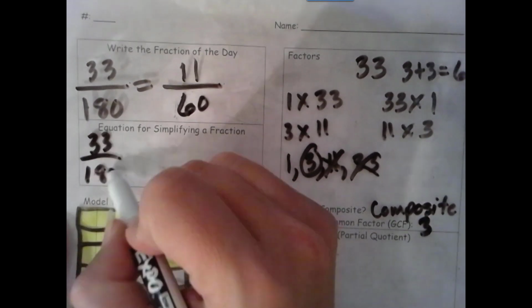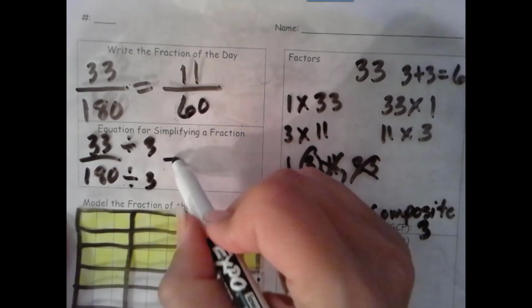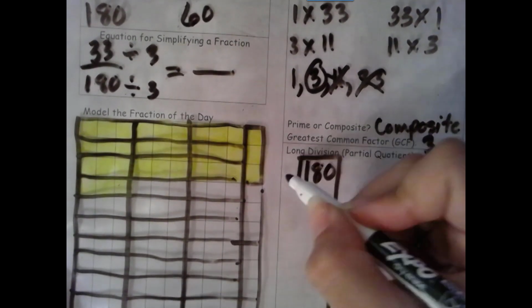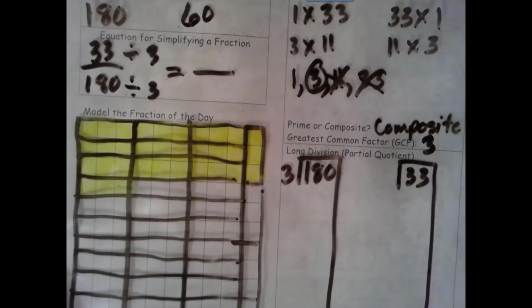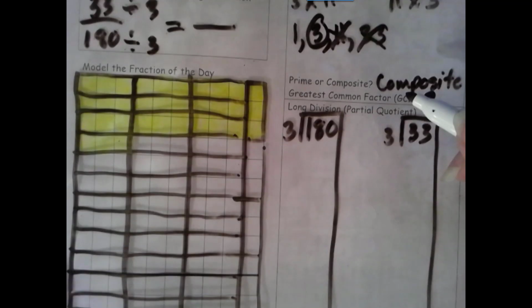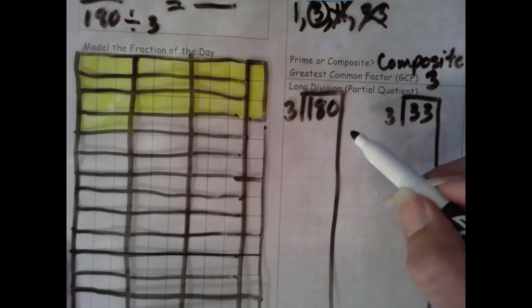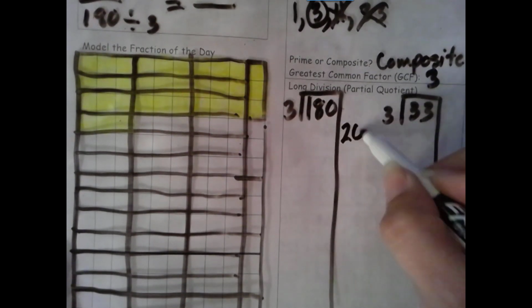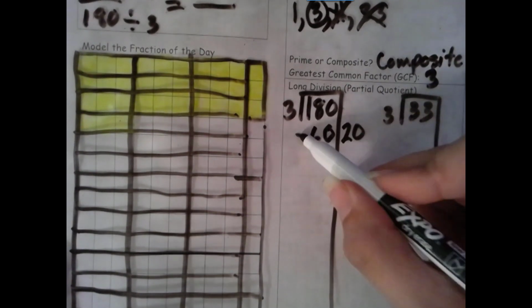Now that we've completed our division with our model, we're going to use our algorithm. We're going to divide both by our greatest common factor. So 180 divided by 3 and 33 divided by 3. So let's see, I know that 3 times 20 is 60.